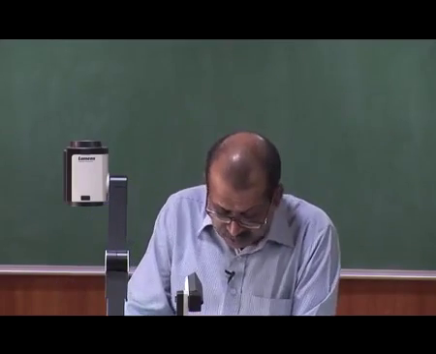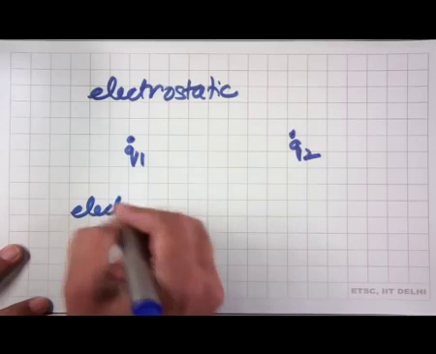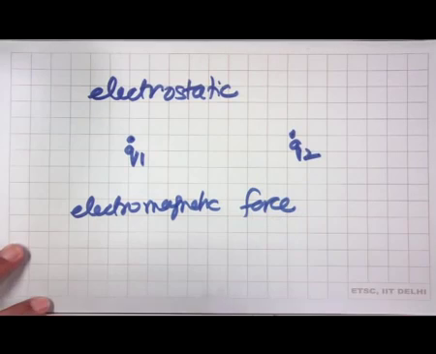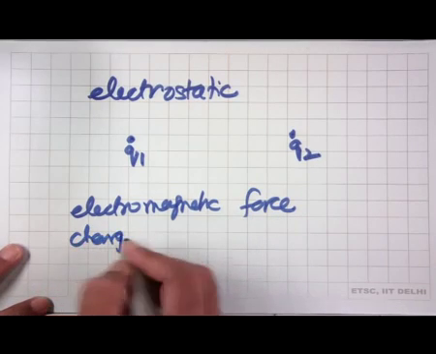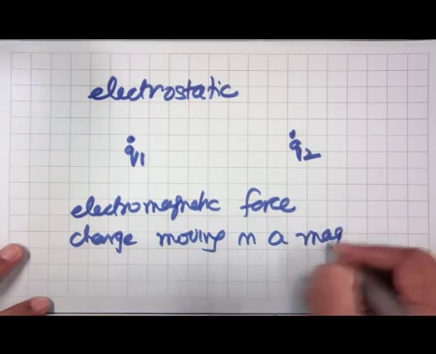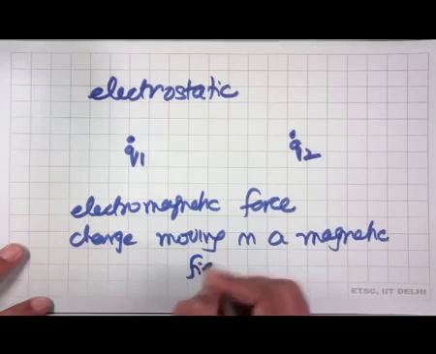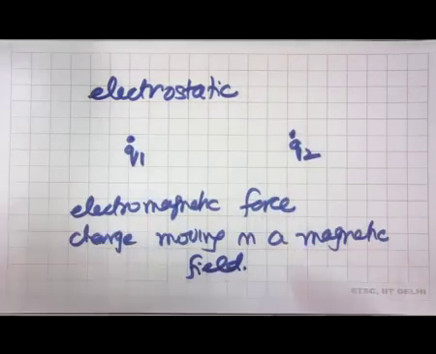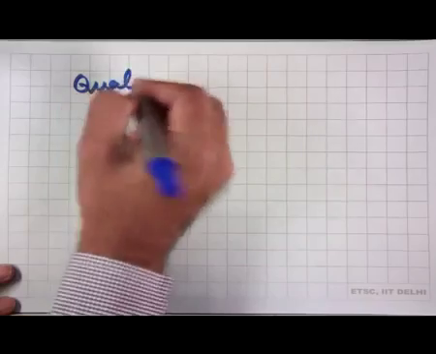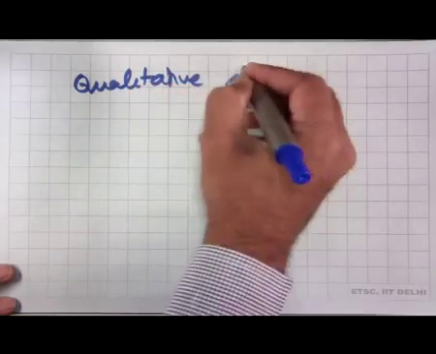And then we also have the electromagnetic force, which is experienced by a charge which is moving in a magnetic field. Once again, for these electrostatic and electromagnetic forces, there is no contact. These forces occur through a distance. Now, let us try to see what is the qualitative effect of a force.